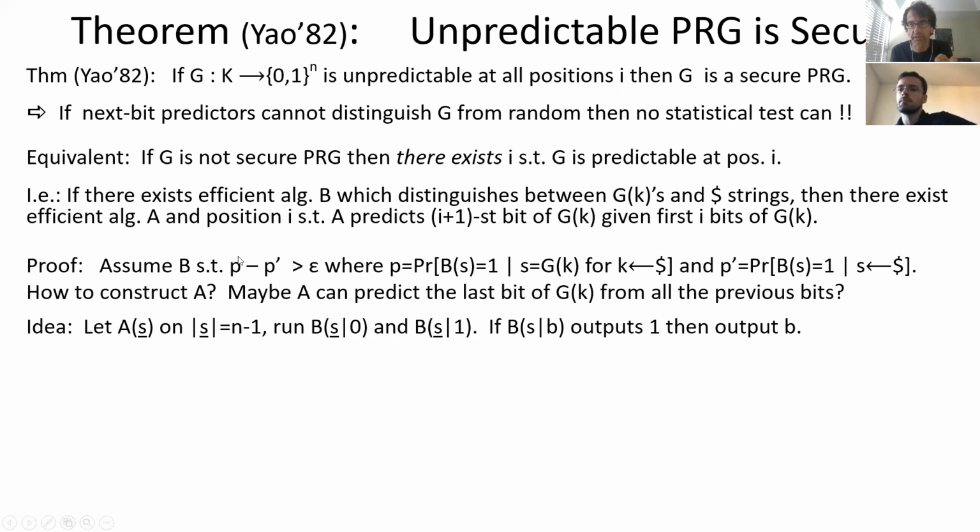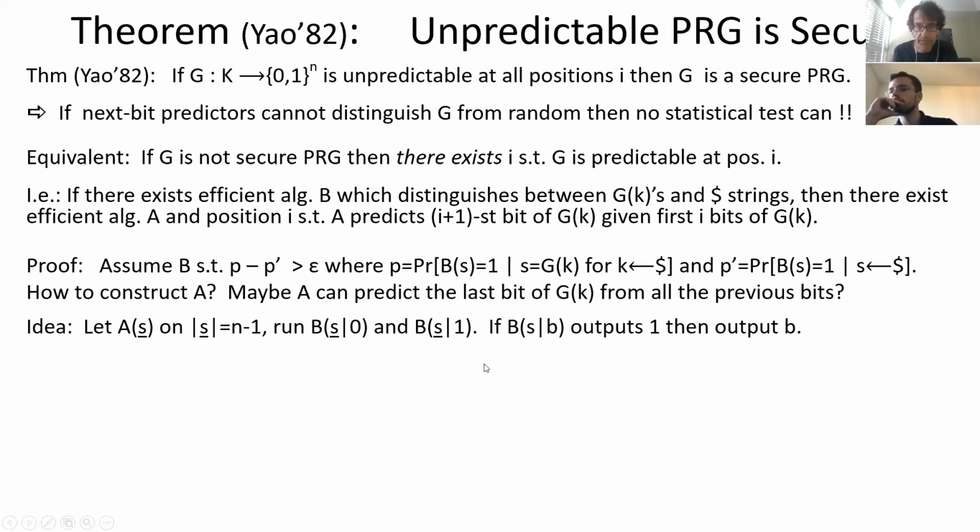So if you feed it a string and it gives you a 1, that's like a vote that this is more likely to be a PRG output, right? That's the correlation that B promised. So you see whether it outputs 1 on this, and whether it outputs 1 on this, and on the one where it outputs 1, you take it as a vote that this is a correct PRG output. And so you output that bit.